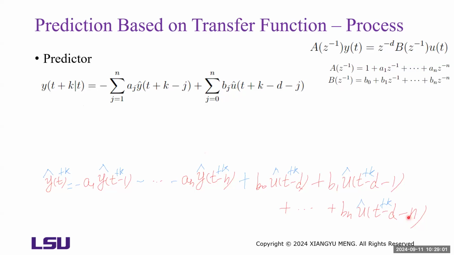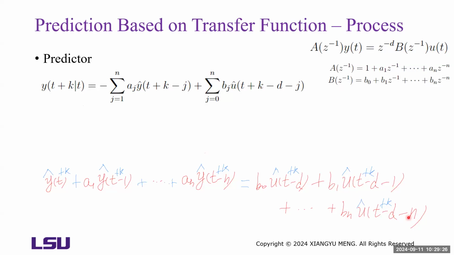Then I can also write this in a compact form. Let's change all the y's to the left-hand side, so we have equal, plus, plus, and plus.